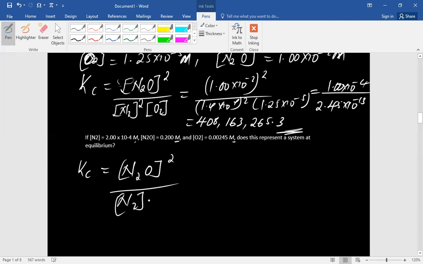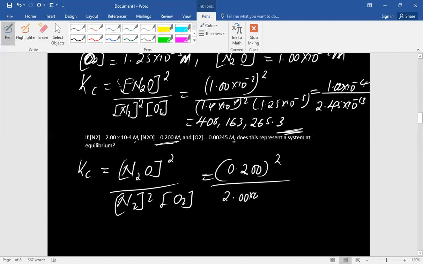So the nitrogen monoxide squared over the concentration of nitrogen gas squared times the concentration of oxygen gas. For the nitrogen monoxide we have 0.0, we square this, over the nitrogen gas, which is 2.00 times 10 power negative 4, squared, and then times the oxygen, which is 0.00245.